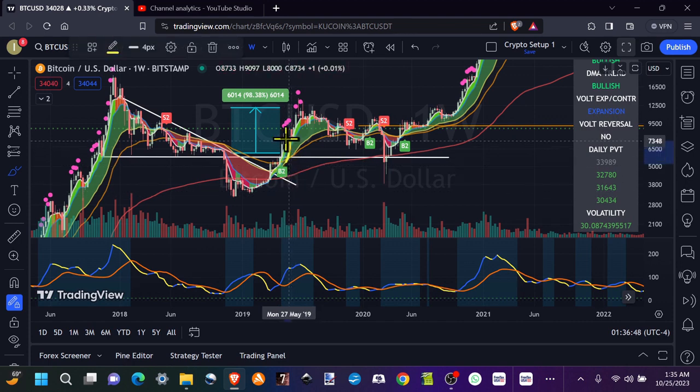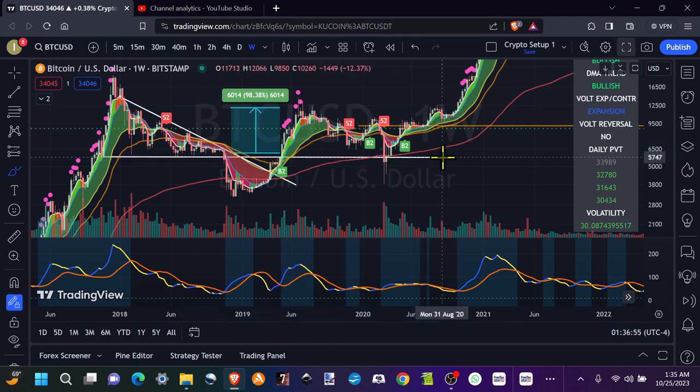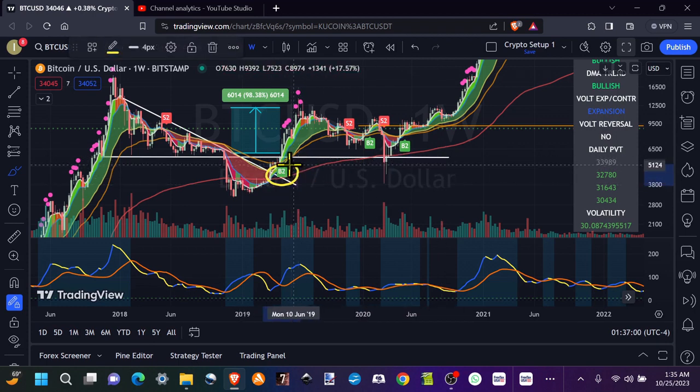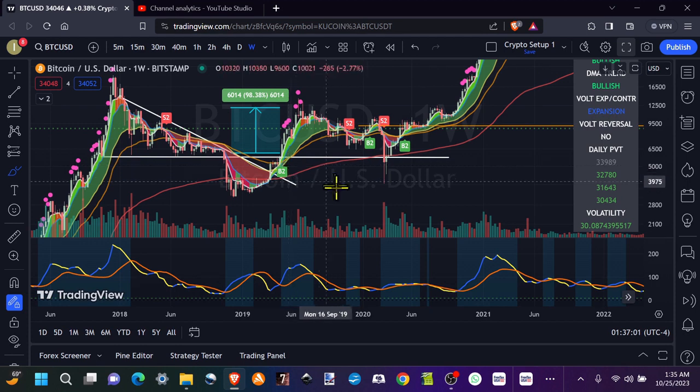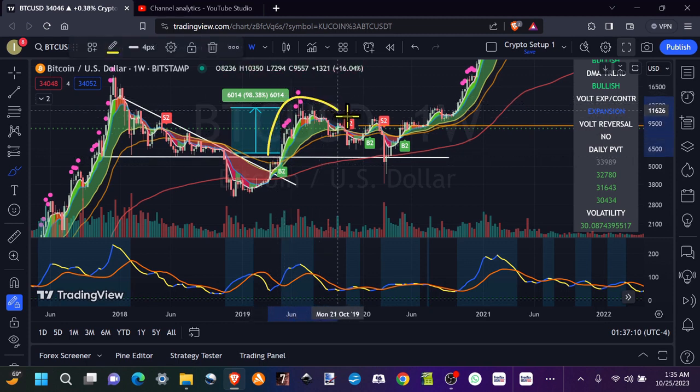The second is a break of the horizontal line. The third is a B2 signal, and here is the B2 signal. The B2 signal was actually a little bit earlier, 1 week earlier than the break of that line. After that, we went up 100%, actually 98%.